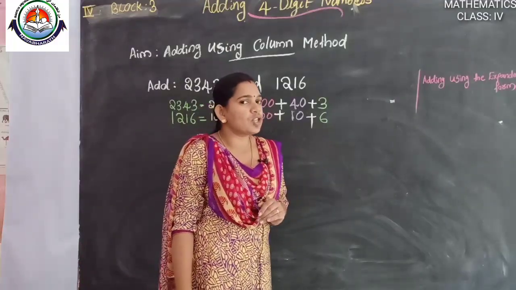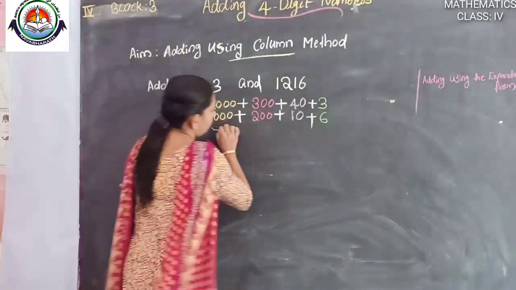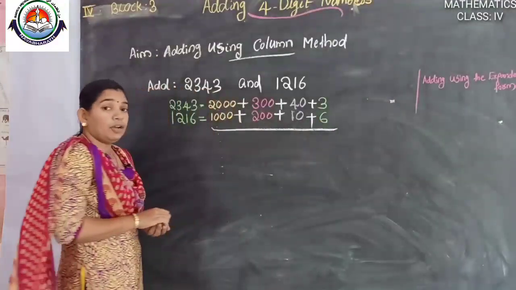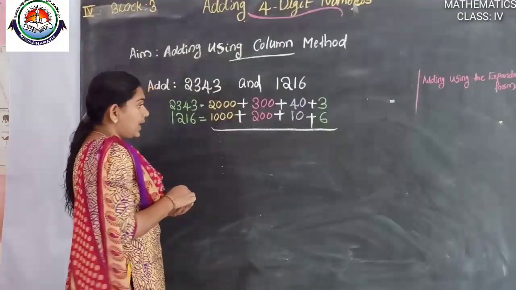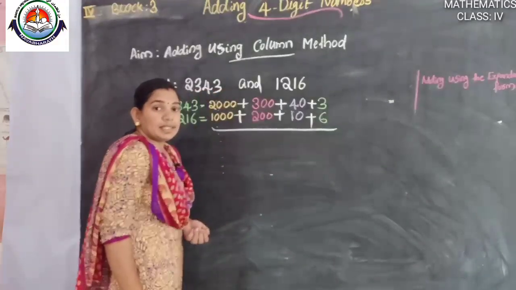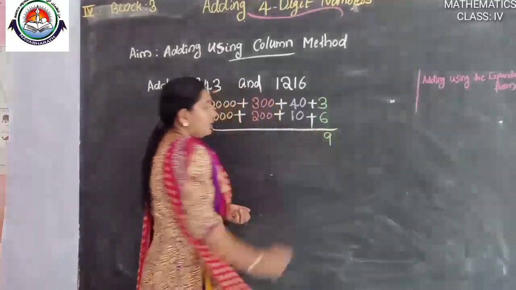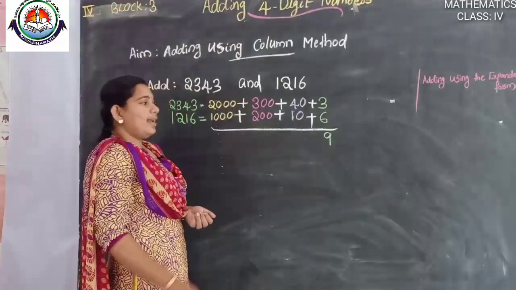Then what do we do next? We add these two numbers. How do we add? First we add this. 3 plus 6, ones place. 3 plus 6 is 9.